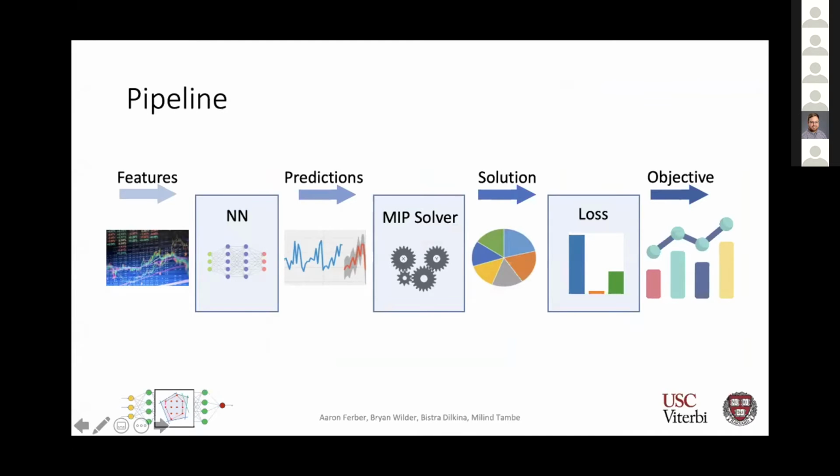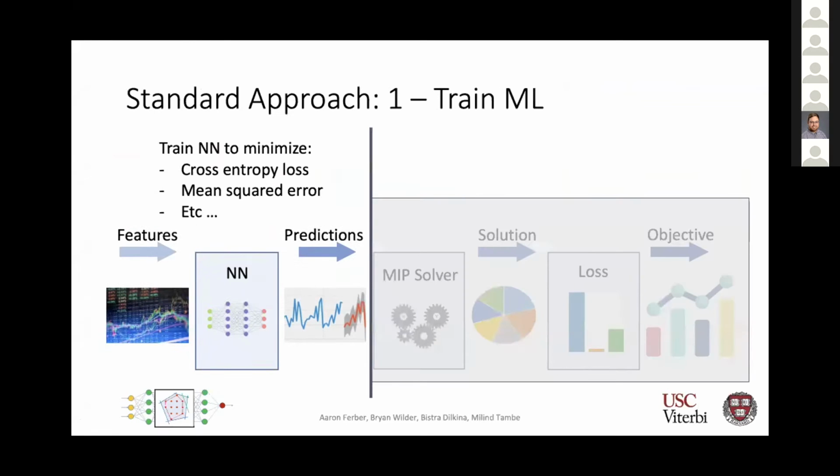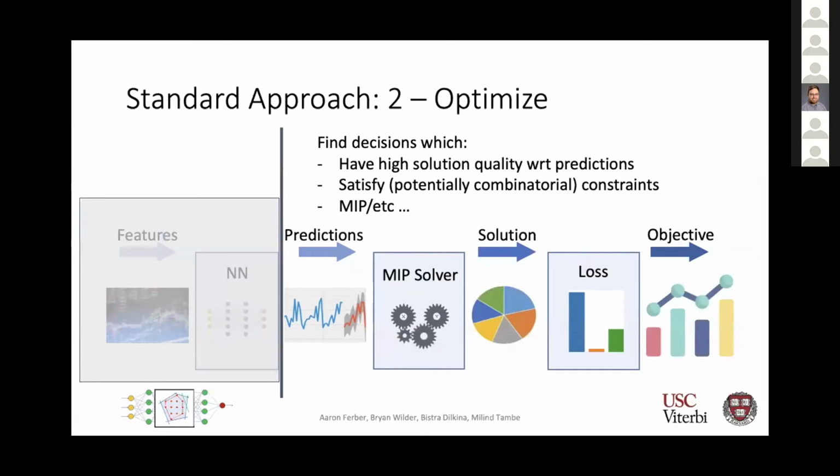And so the standard approach in this setting is to break the pipeline into individual components. So first we train the latest and greatest neural network to optimize a metric like cross entropy loss or mean squared error. And then using those predictions, we run our fancy MIP model to give us good decisions for the given predictions. So for instance, we use the predicted prices to give us a revenue maximizing portfolio.